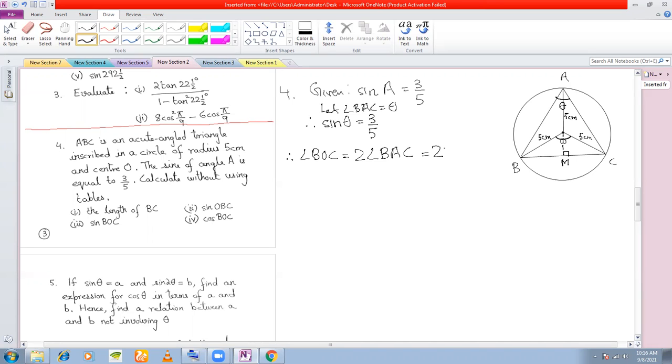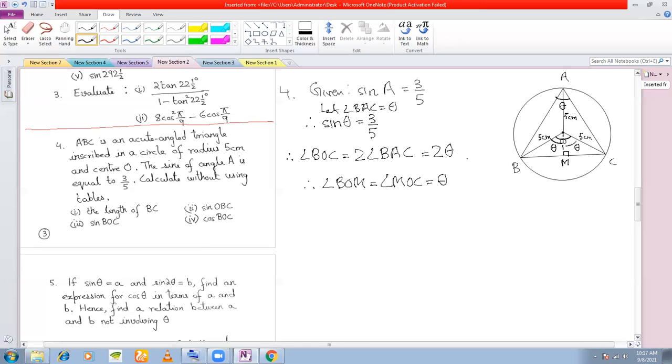This is equal to 2 theta then. So now if this is equal to 2 theta, that means this angle here must be equal to theta and this angle here must be equal to theta, right? So therefore, I can say angle BOM is equal to angle MOC is equal to theta.